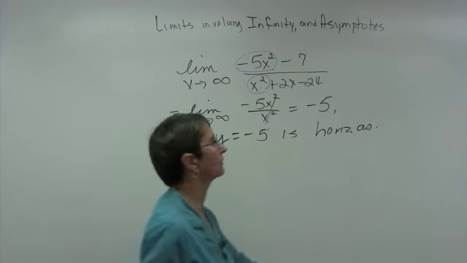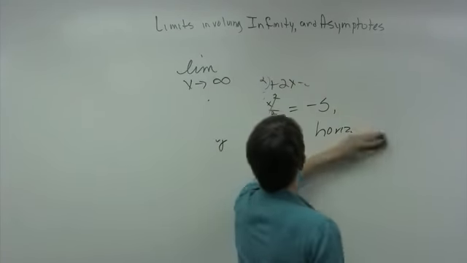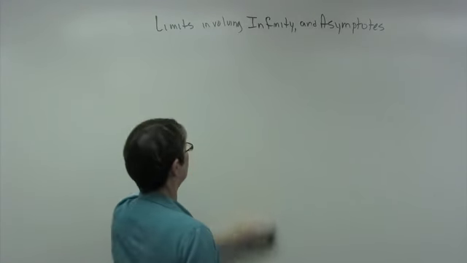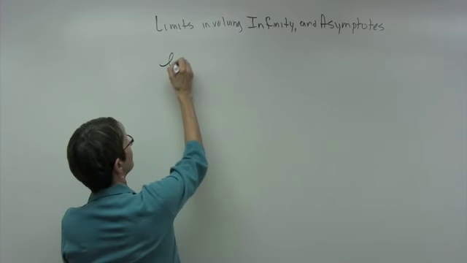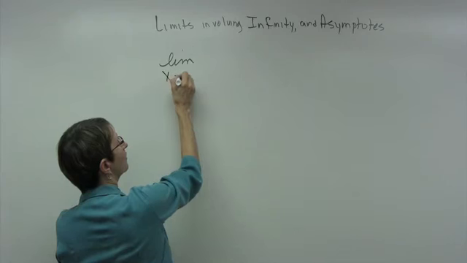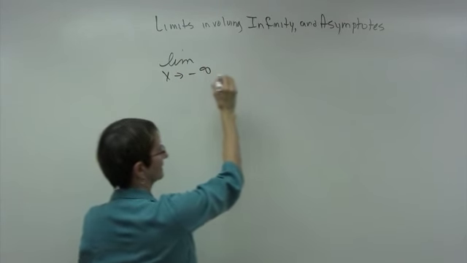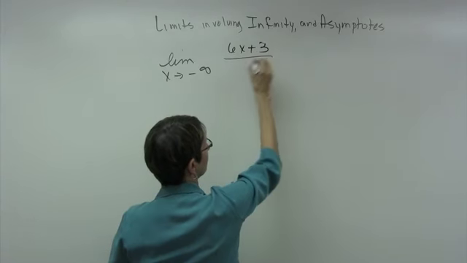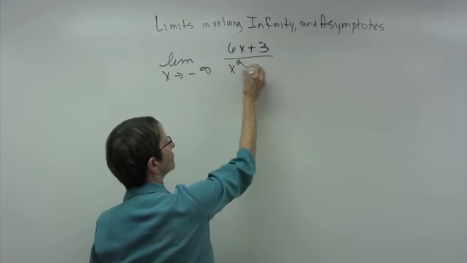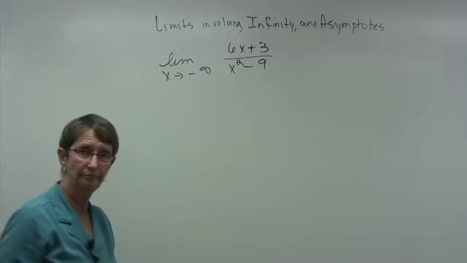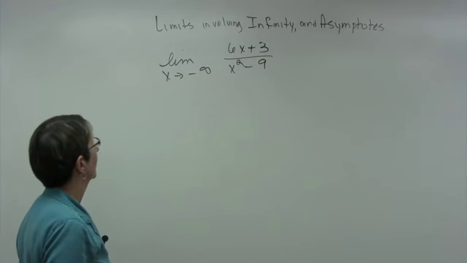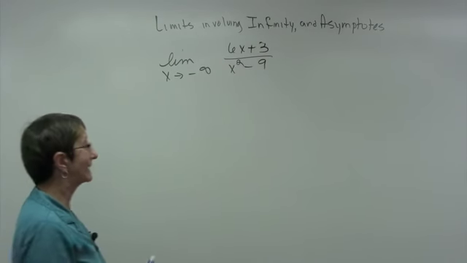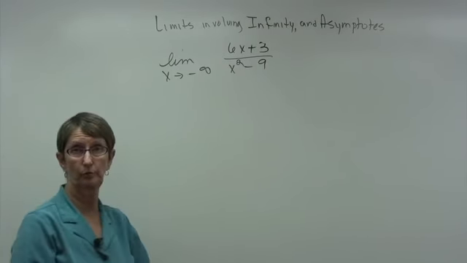Let's look at a couple more of these examples. Limit as x approaches negative infinity of 6x plus 3 over x squared minus 9. X is approaching infinity, so I need to look at the dominant terms.